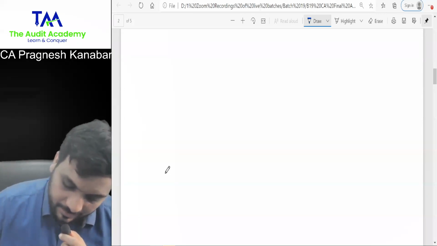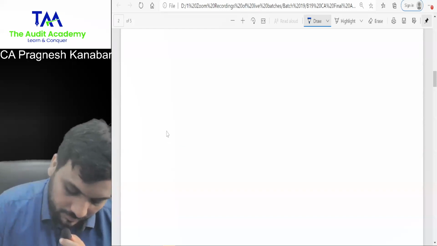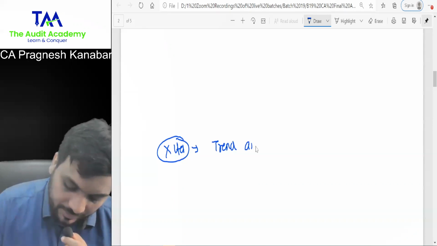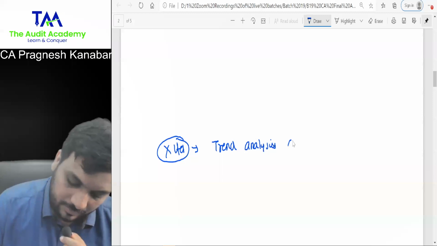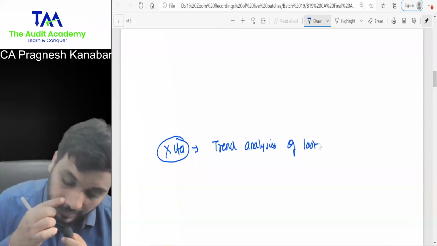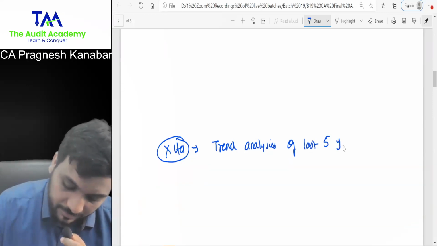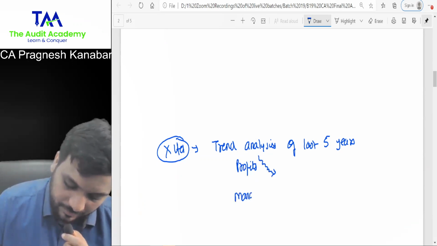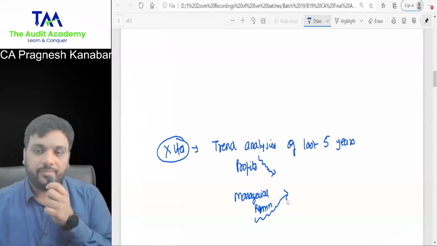Let us say that in X Limited, you did a trend analysis of the last 5 years. And you saw that profits are declining and managerial remuneration is increasing.